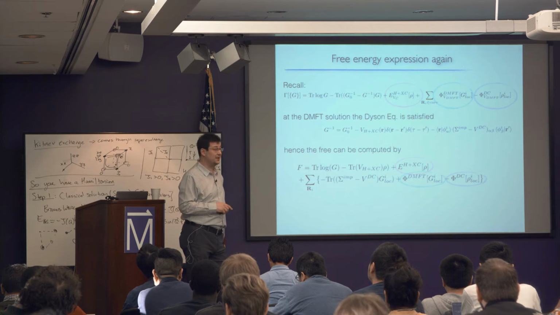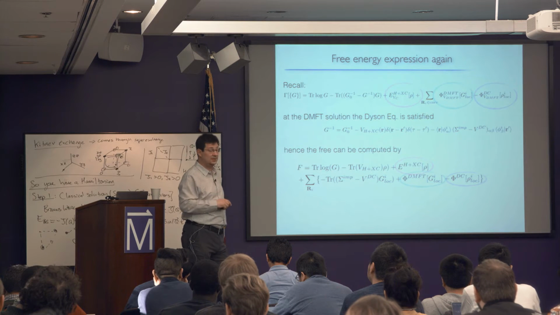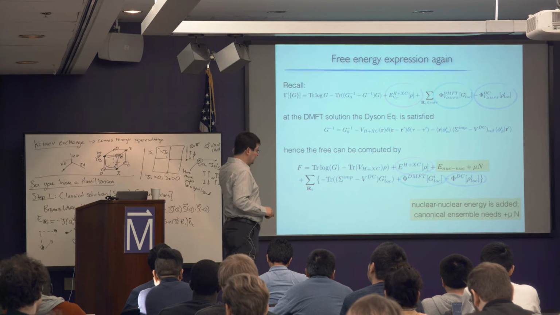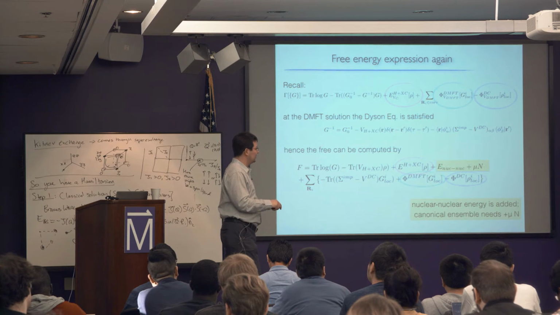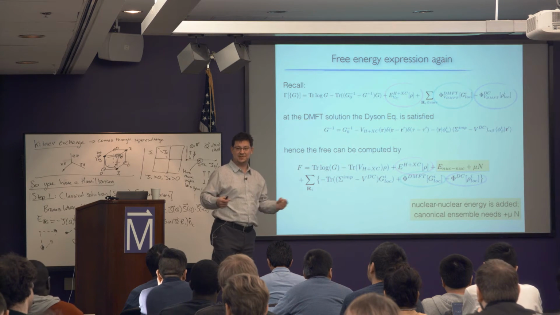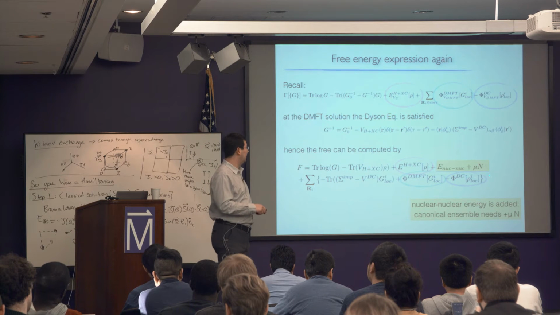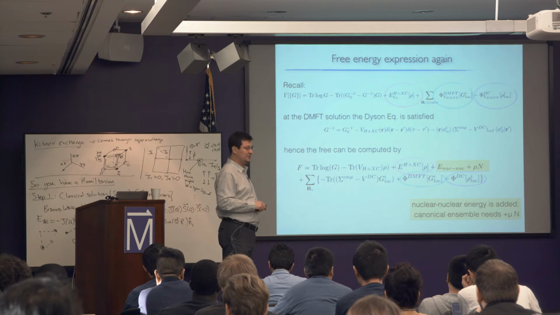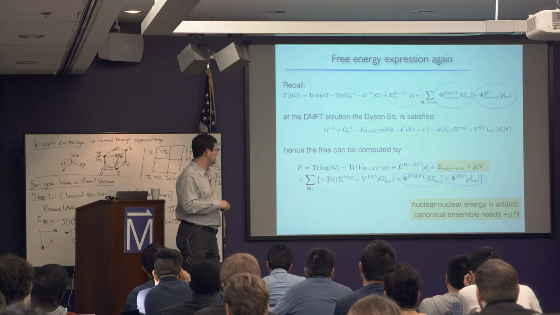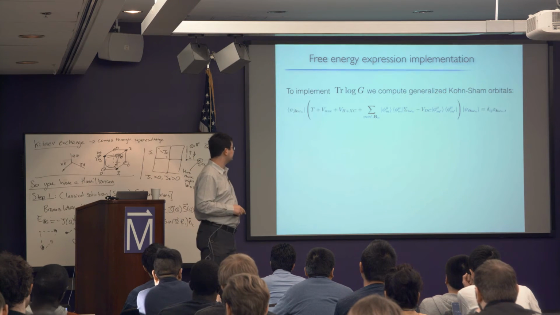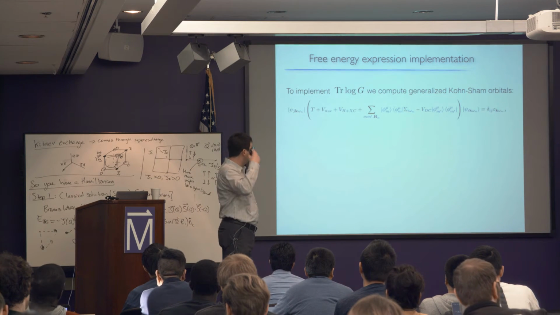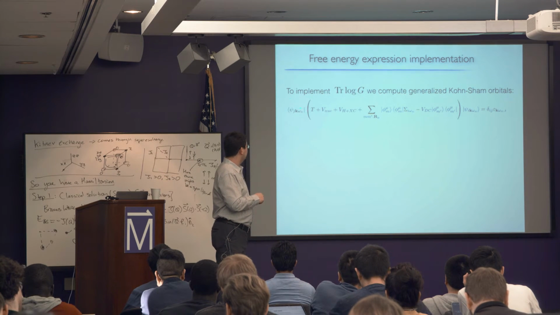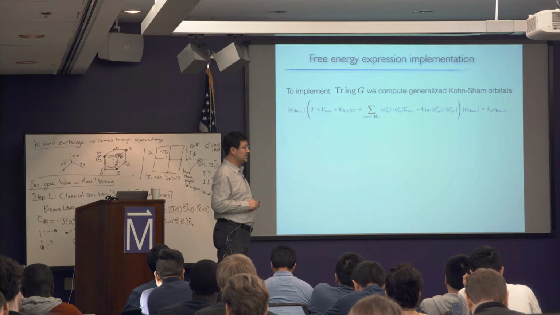Okay, so that's the free energy, and that's the functional that we actually need to differentiate with respect to R. In addition to this, we need to add the nuclear term, which is just a number. And because we are working at constant n, we need to add nu times n, because this expression is usually at constant chemical potential. And then what do we do? Well, we have to implement trace log G, for example.